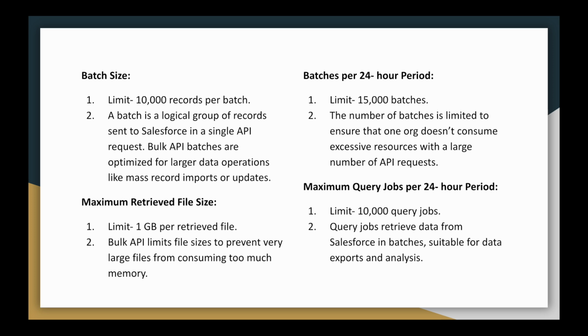We can query 10,000 jobs, and it retrieves data from Salesforce in batches suitable for data exports and analysis. So this might give you an idea of Bulk API, where we can use it and how we can use it. It is mostly beneficial for mass imports, updates, larger data exports and analysis. There we can use it, and we can ensure that governor limits don't get hit for Bulk API.